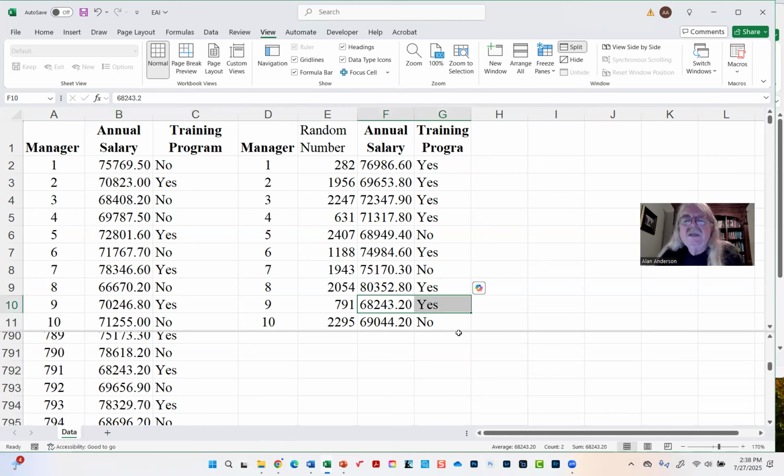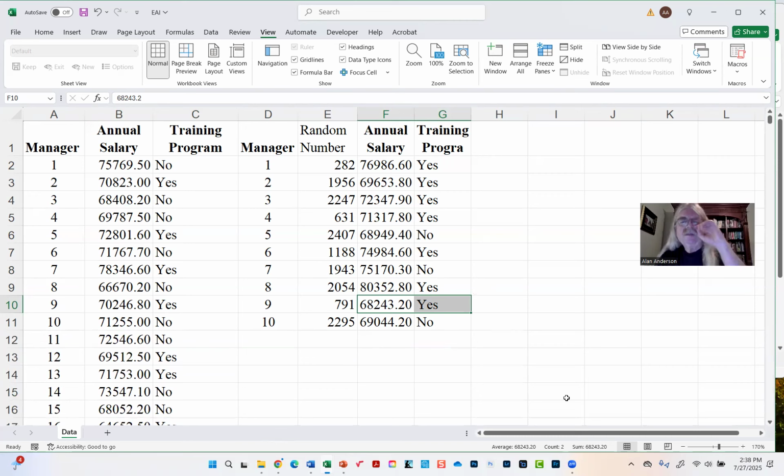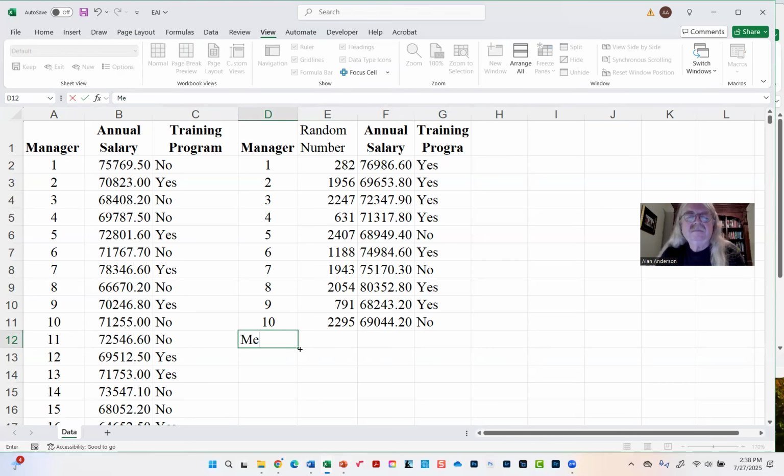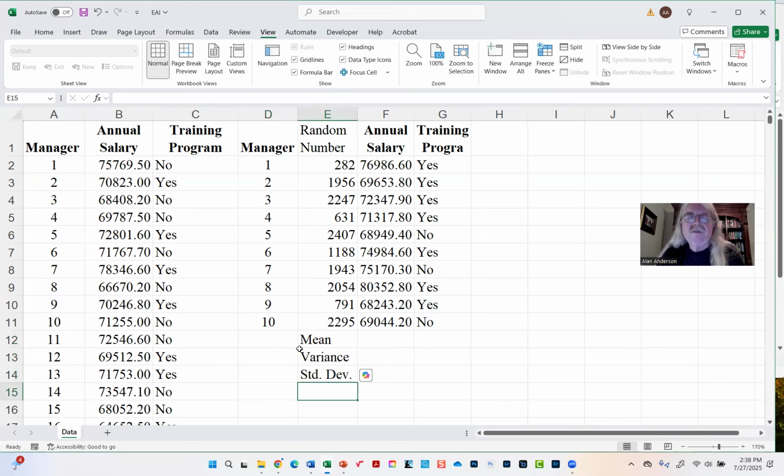Okay, so that's our sampling distribution now. And if you wanted to, you could turn it into a histogram of some kind. But right now, what I'd like to focus on is the mean. Well, I guess we could put that here. Variance, standard deviation, and proportion.